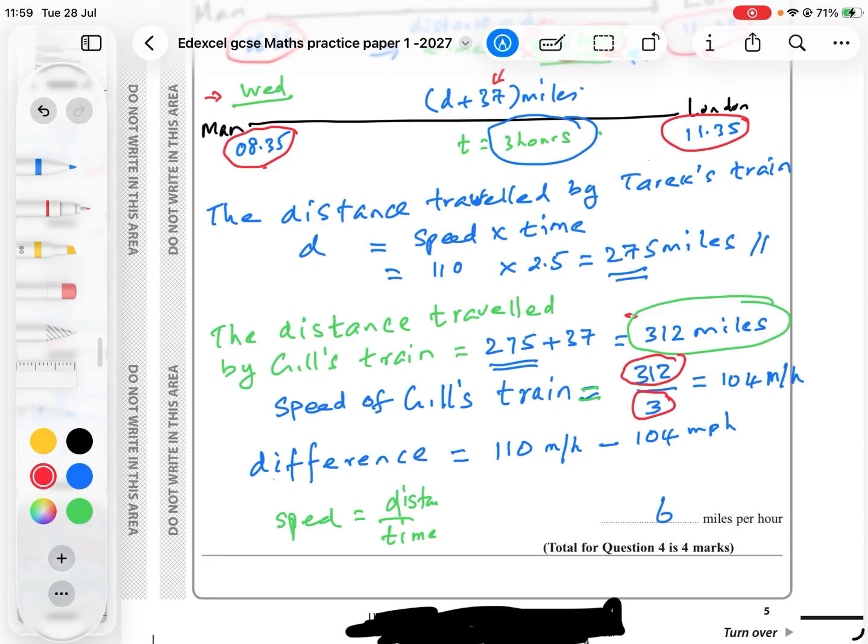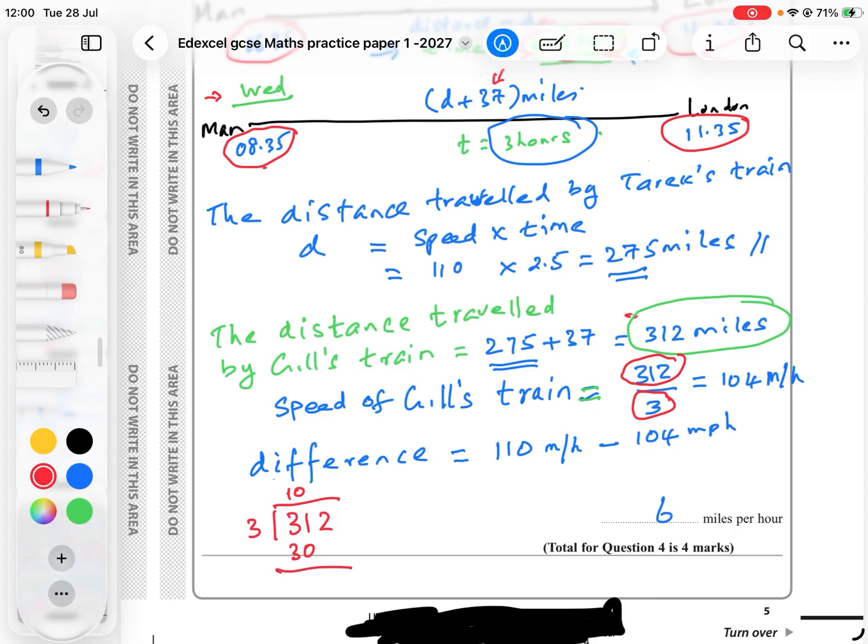104. How? I'm going to explain that one as well. How 104? You start with 312 divided by 3. You can put 10: 10 times 3 is 30.